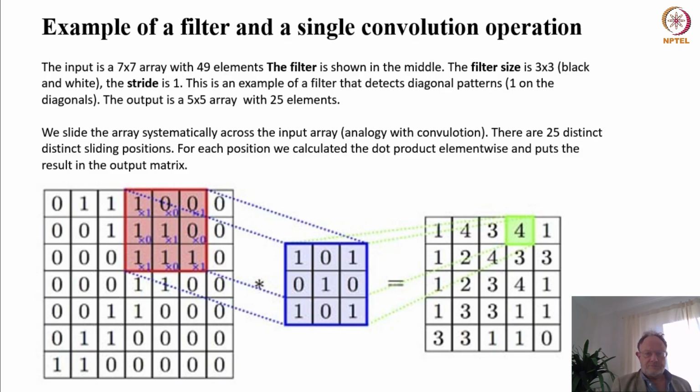And here you can see, you can do it yourself, you place the filter in a certain position, and then you make a pairwise multiplication, and you will see that those multiplications add up to the figure 4. So therefore you get a 4 in the output matrix.